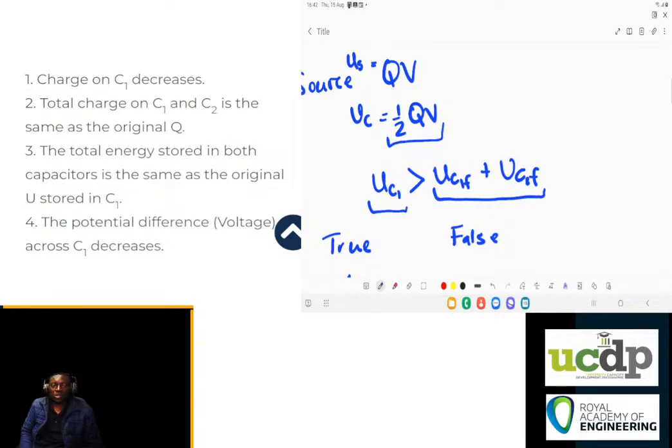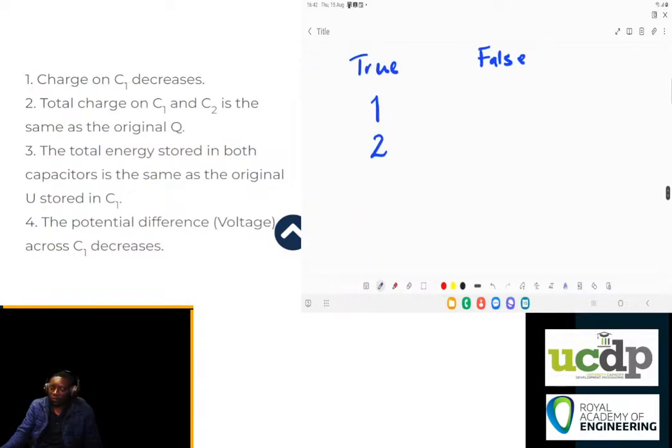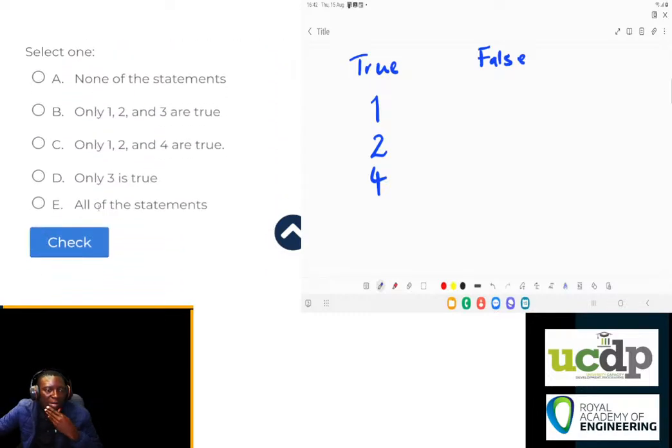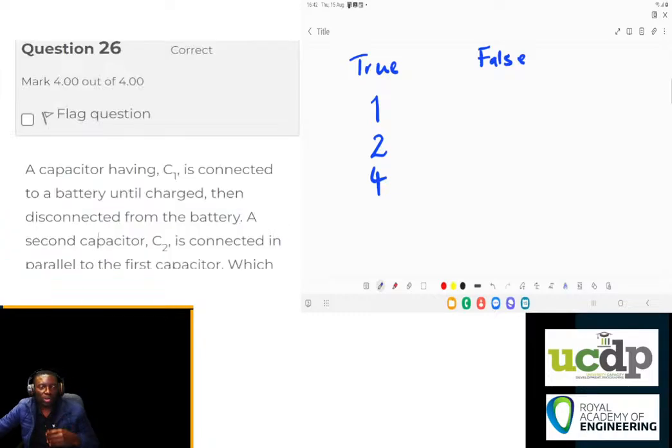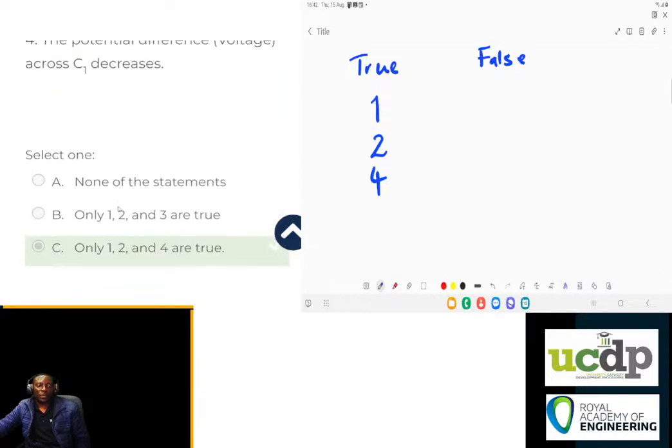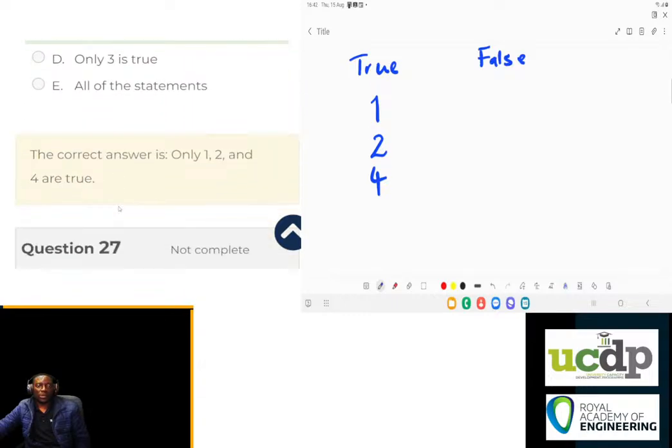So our true choices are only 1, 2, and 4. We have 1, 2, and 4 as true choices. So it should be 1, 2, and 4. Okay.